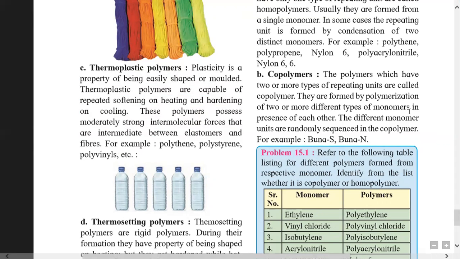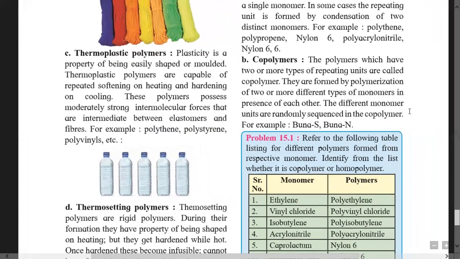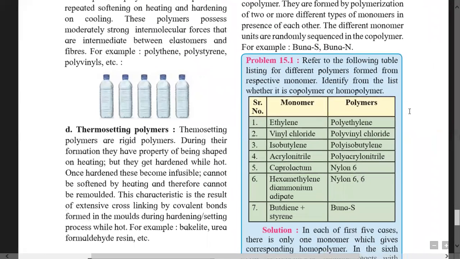Examples are polythene, polystyrene, and polyvinyls. These different bottles come under this type of thermoplastic polymers.